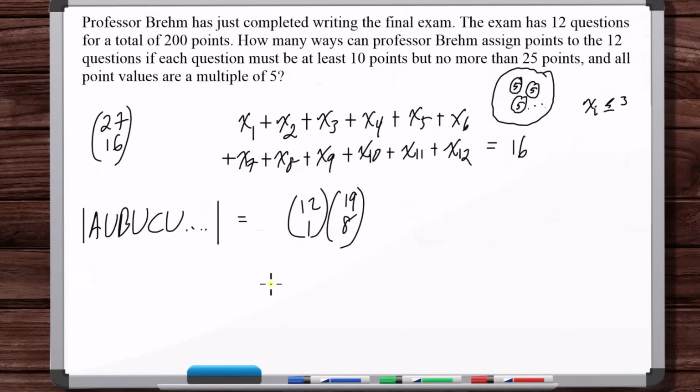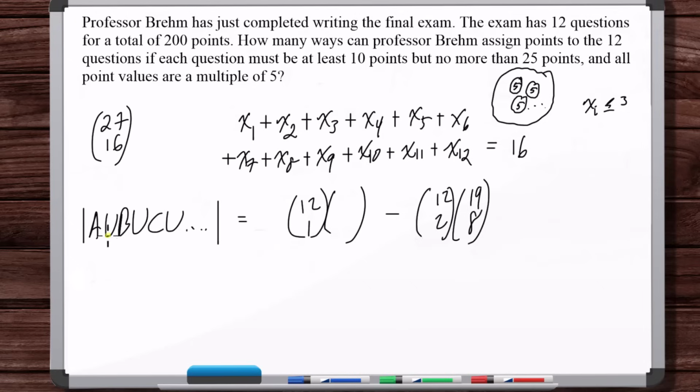Or wait, no, hold up. Yeah, I did that wrong. So we subtract the A intersection B, A intersection C, A intersection D. So this is going to be 12 choose 2, then 19 choose 8, because there are different pairings.